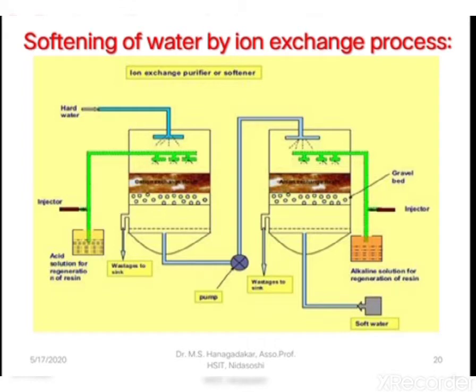This is the setup of the ion exchange resin, where we do the demineralization process using hard water. Let us discuss the instrumentation of the ion exchange process. It has two compartments.